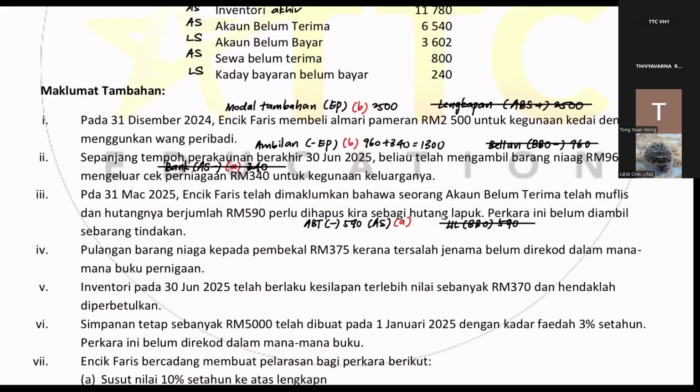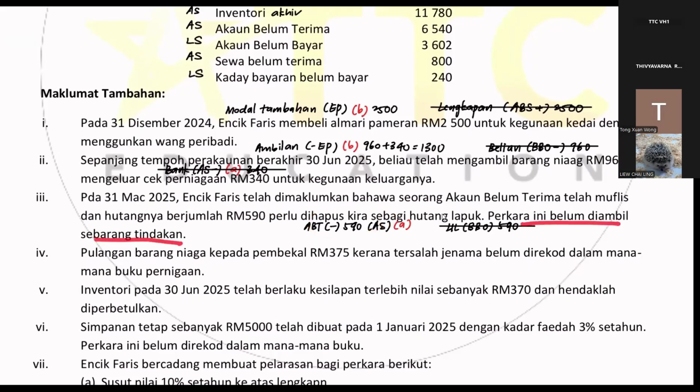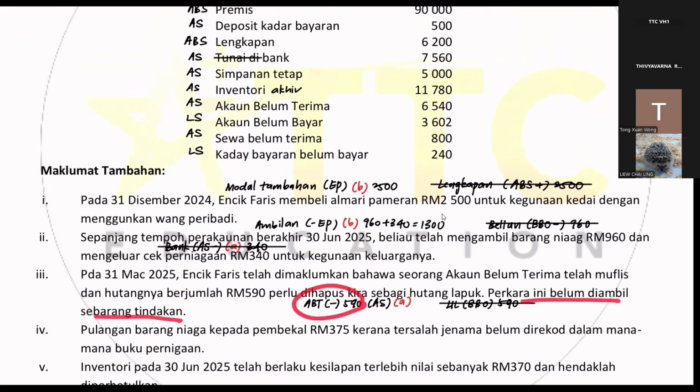Now, you only keep for ABT and then they mention that we never record anything, right? So do we need to record for this ABT? Do we need to adjust the ABT value here? Yes or no? Yes, because they mentioned that we never record. So you need to minus the ABT by 590.